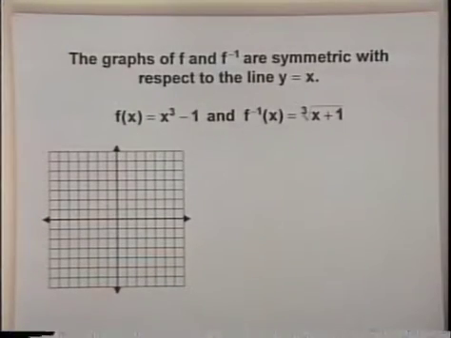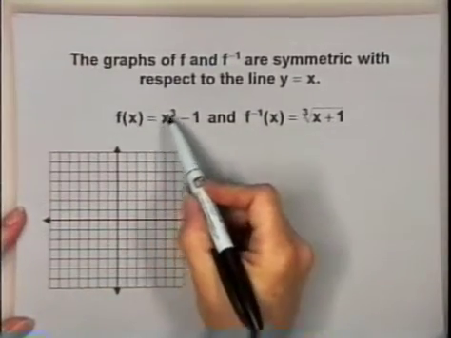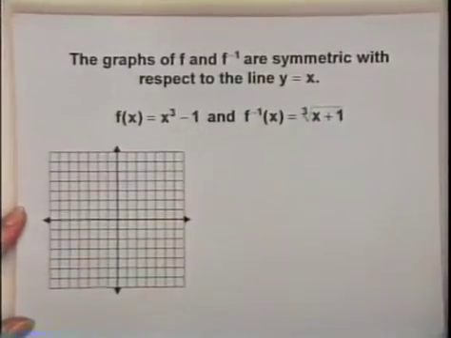So we have that the graphs of f and f inverse are symmetric with respect to the line y equals x.